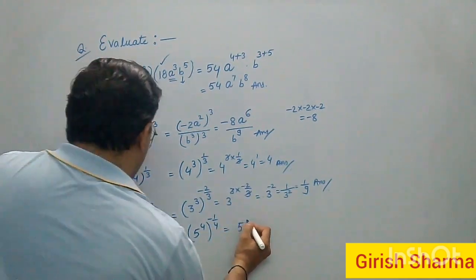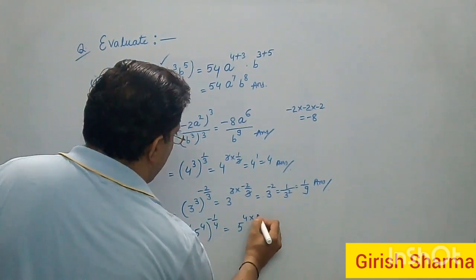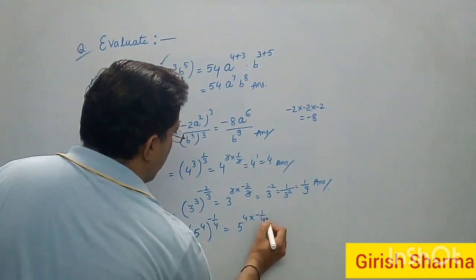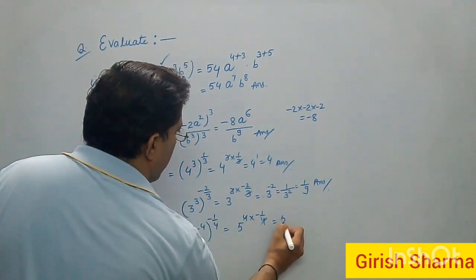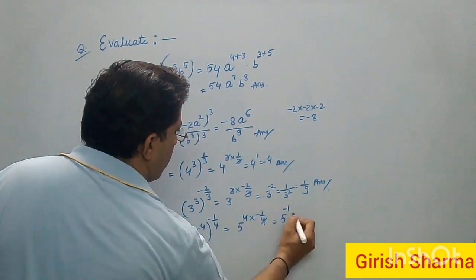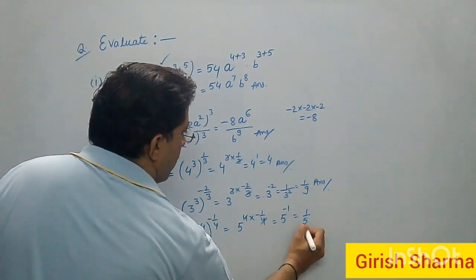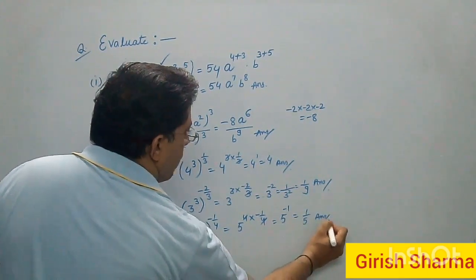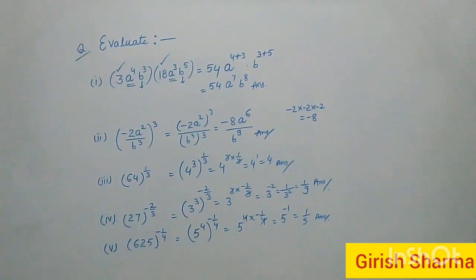So 5 power 4 into minus 1 upon 4. The 4s cancel. What is remaining? 5 power minus 1, so we can write 1 upon 5. Like this, with the help of exponents, you can solve any question. Come on to the next one.